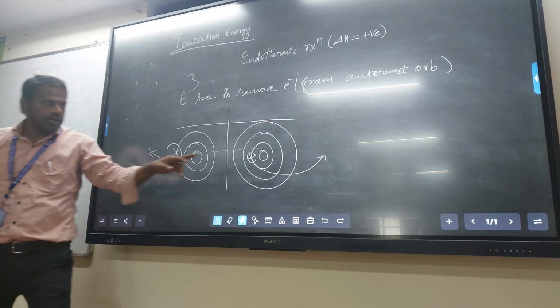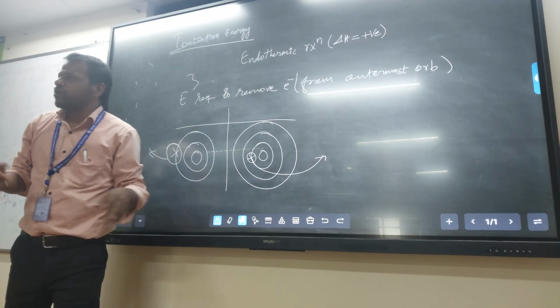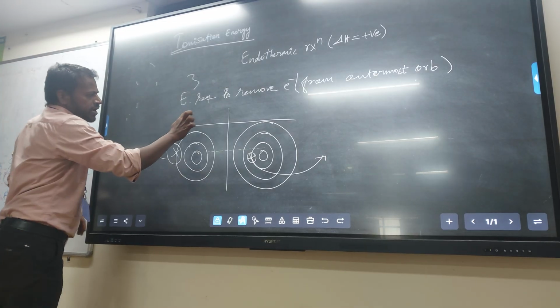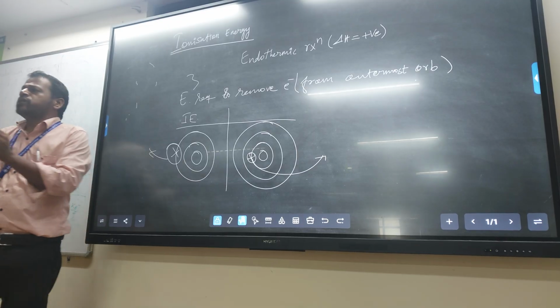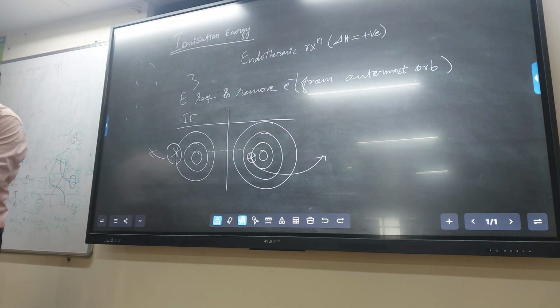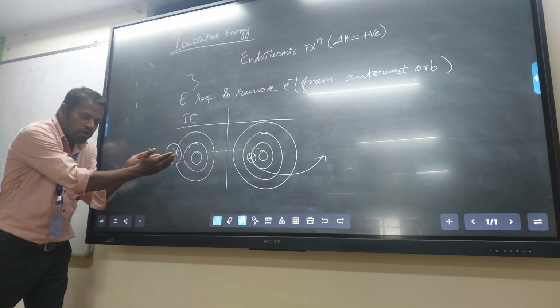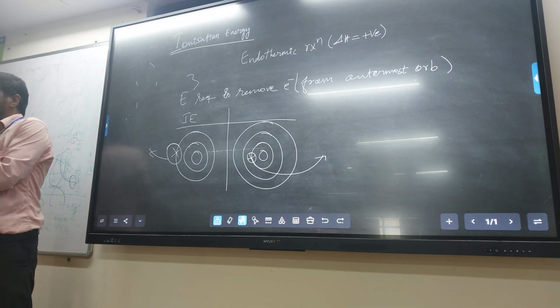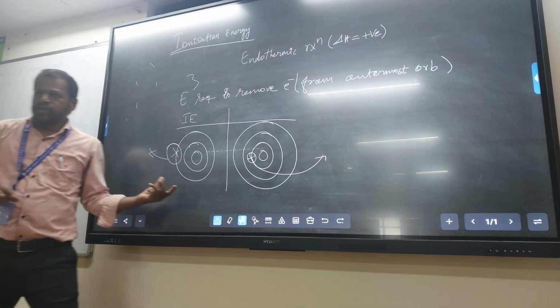If you remove the electron from the inner orbital, what is the energy called? Ionization energy, IE, means how much energy is required to remove the electron from the outermost orbital of a gaseous isolated atom. That is very clear.